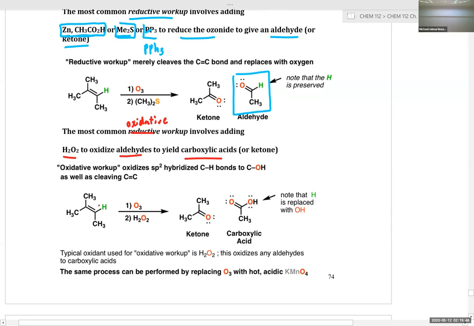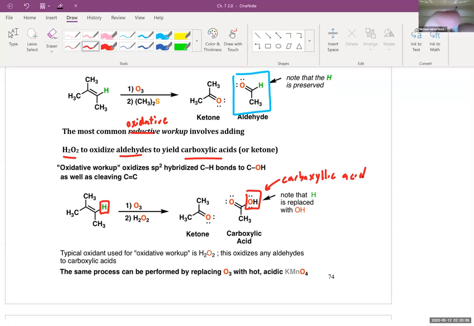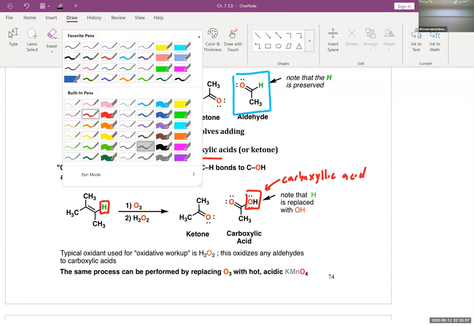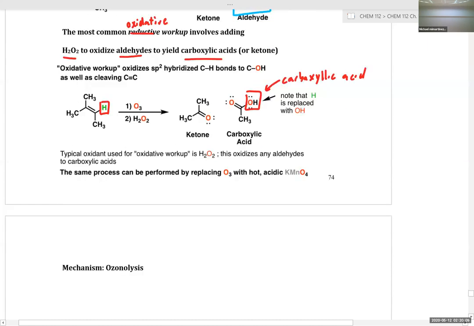So in our oxidative workup, our aldehyde is oxidized and we end up with a carboxylic acid. So it's quite a versatile reaction to generate carbonyl functionalities from alkenes.